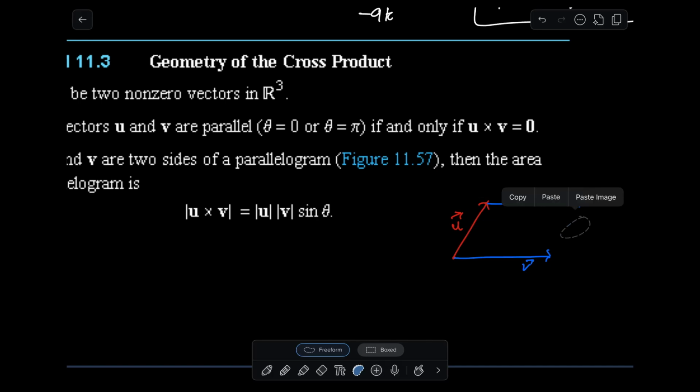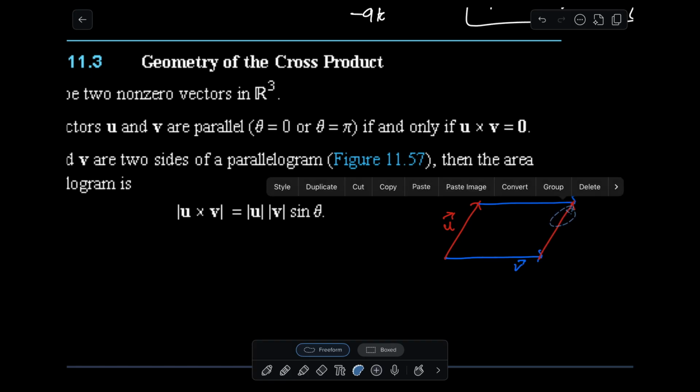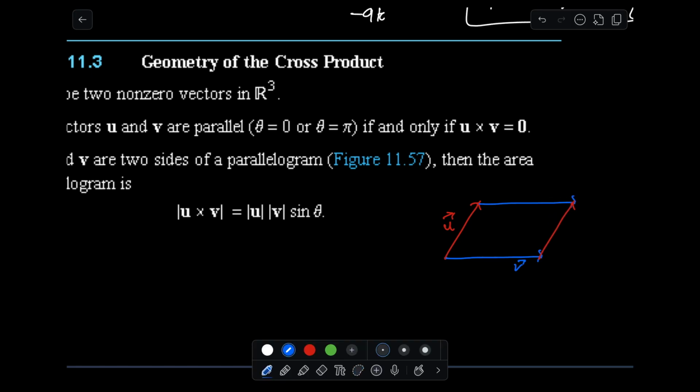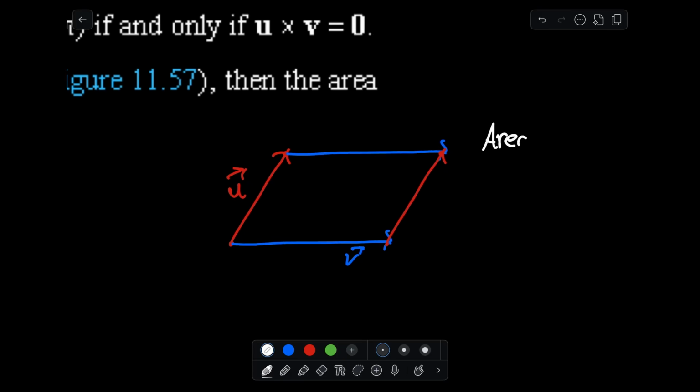And the parallelogram is going to be nice because we can apply a familiar formula: we know the area of a parallelogram is going to be base times height, right? Let me label these again so we know that these are the same.